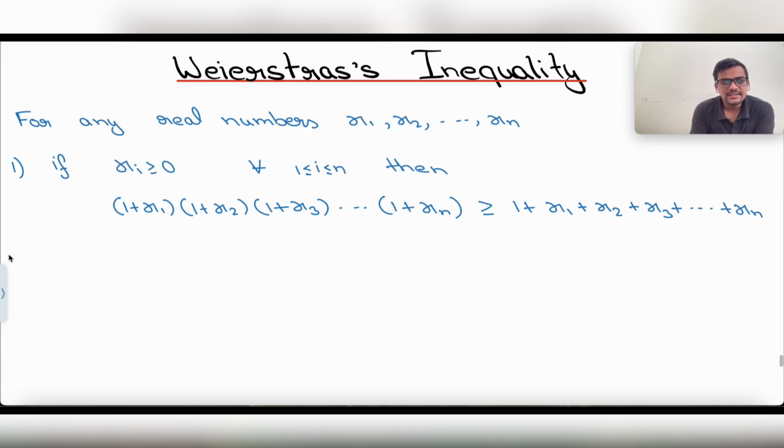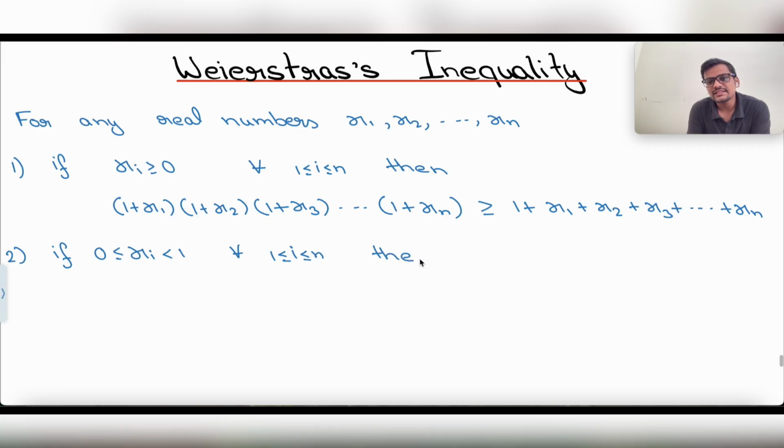Now the second inequality is for the condition that xi should be less than 1 and greater than or equal to 0 for all i between 1 and n.